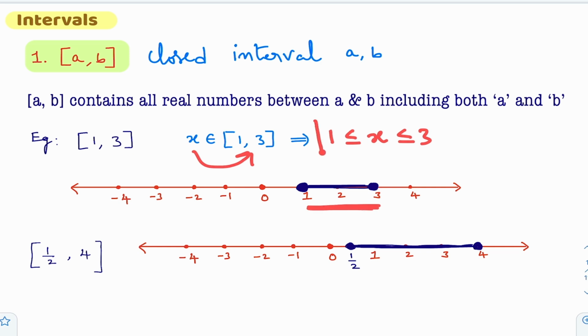It indicates that x value lies in between 1 and 3. Here, less than or equal to indicates that 1 is included. Here also the equality symbol indicates that this 3 is included. So x belongs to closed interval 1 comma 3 means this can be written as 1 less than or equal to x less than or equal to 3.